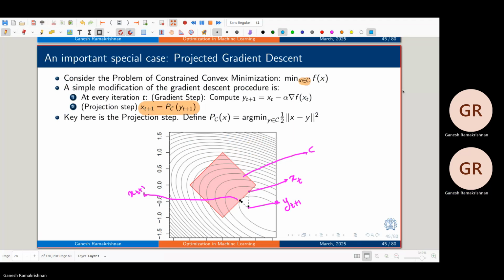Okay. Now the question is, when can I compute this projection in closed form? That is probably more interesting than all those proximal steps and proximal calculus, right?